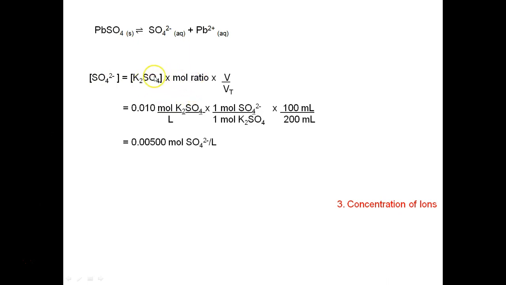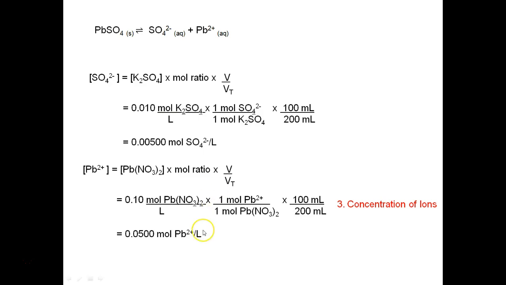So that would give me how many moles per liter of sulfate was present. And then I have to apply the dilution. So this is C1V1 = C2V2. And so I can get my initial concentration of my sulfate.